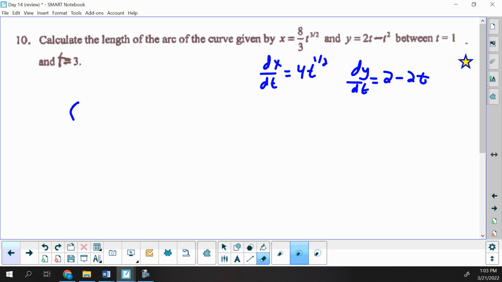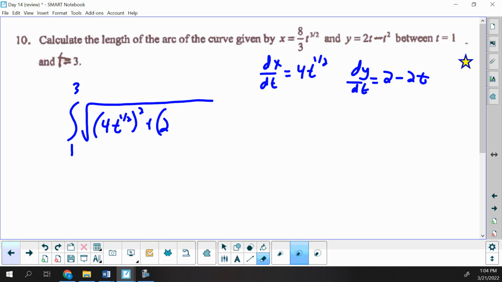So we will have the integral. They told us we're going from 1 to 3. So in arc length, we'll have a radical of our x derivative squared plus our y derivative squared dt.